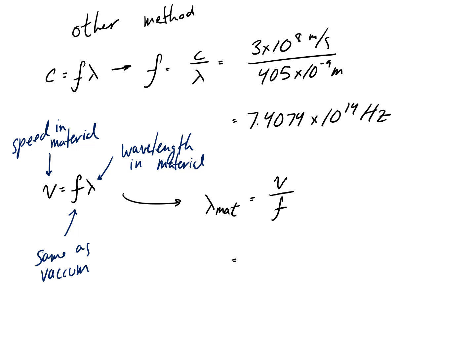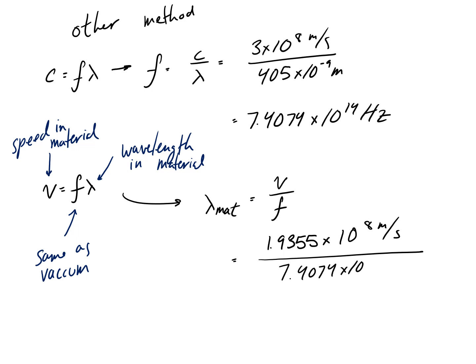I'm going to make sure I use extra sig figs in my answer. So 1.9355 times 10 to the 8 meters per second divided by the frequency that I just solved for.